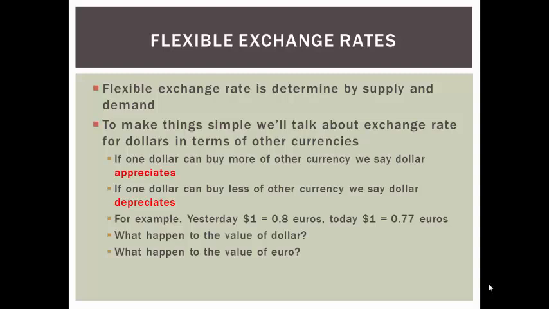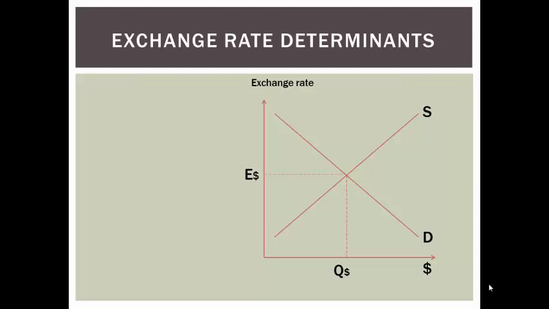So what's going to determine the exchange rate? Let's look at our regular supply and demand graph and discuss it a little bit. As before, we have the demand curve as a downward sloping line. As the price increases, the quantity is going to drop. That's why it's downward sloping. And supply is going to be the upward sloping line.